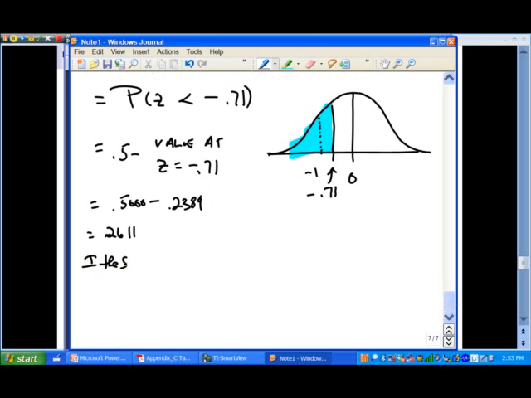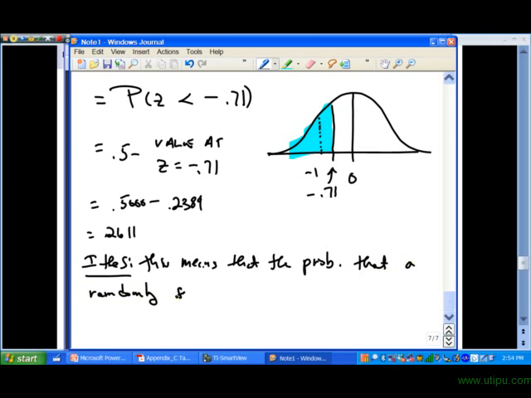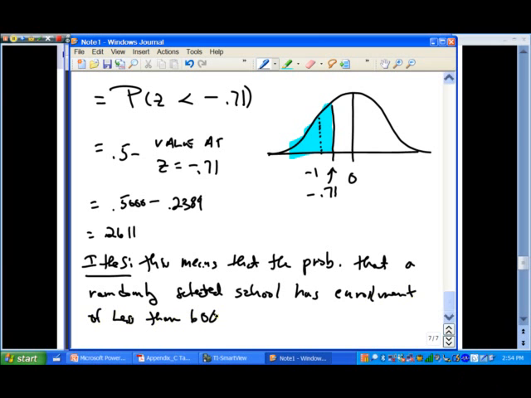So let's go ahead and interpret that answer now. So this means that the probability, I'll just write prob, that a randomly selected school has enrollment of less than 6,000 is about what?